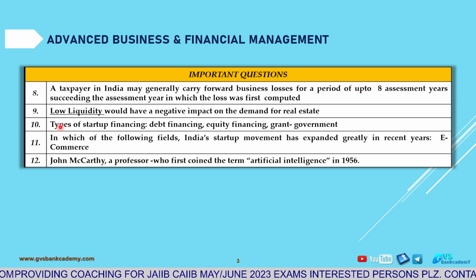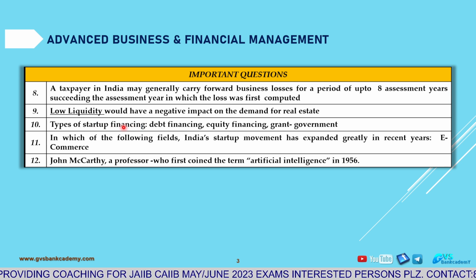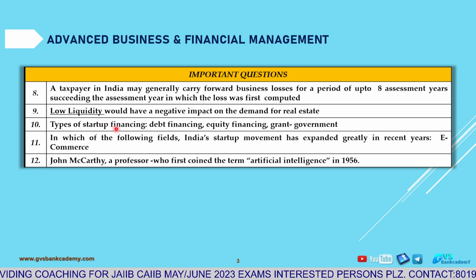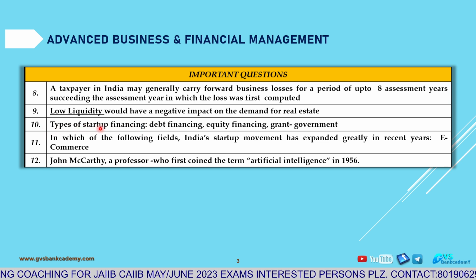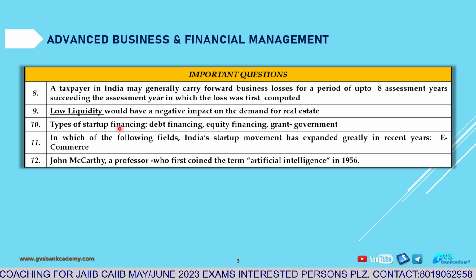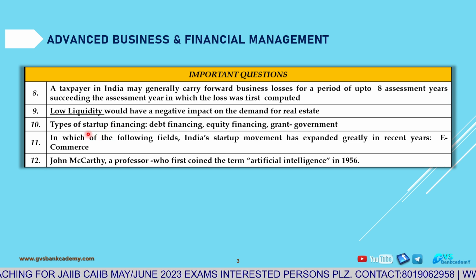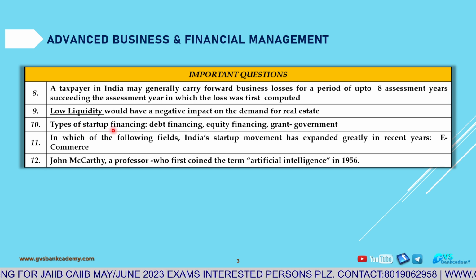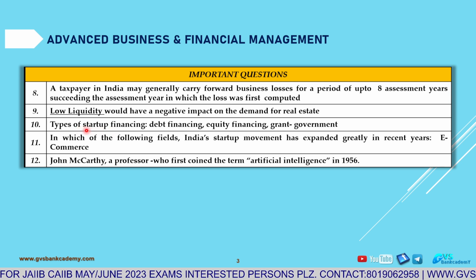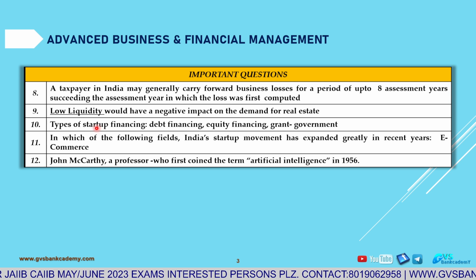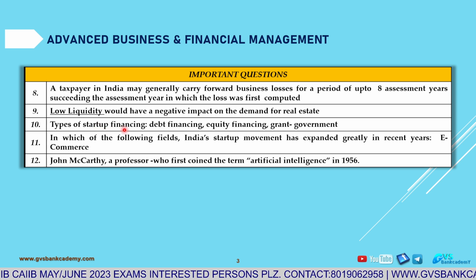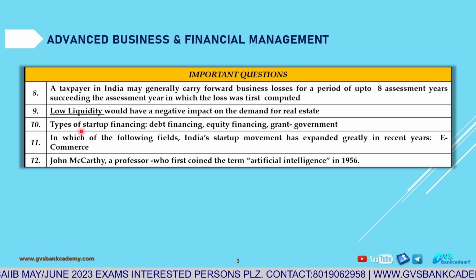Question number 10. Types of startup financing. Startup financing is the new mission now. Under priority sector, banks can give up to 50 crores for each startup unit.